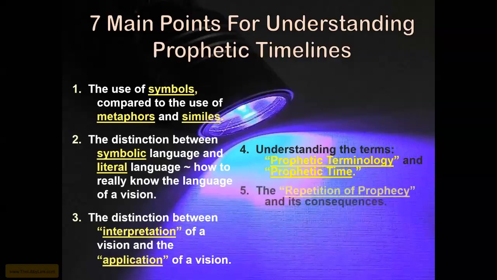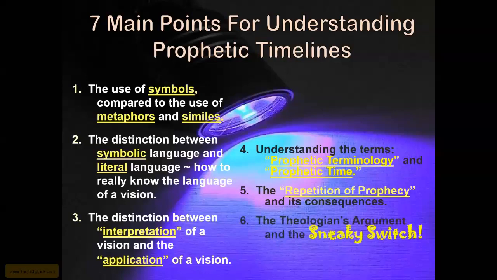Fifth, we're going to look at the repetition of prophecy and what the consequences are. This section will be very interesting. The sixth point is going to expose the theologian's argument and what I call the sneaky switch.